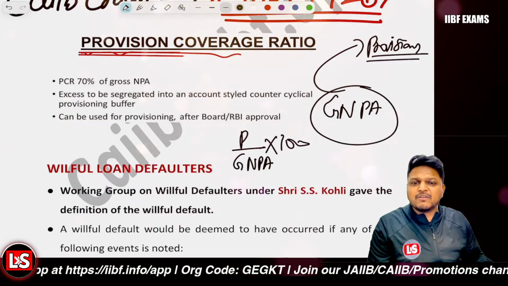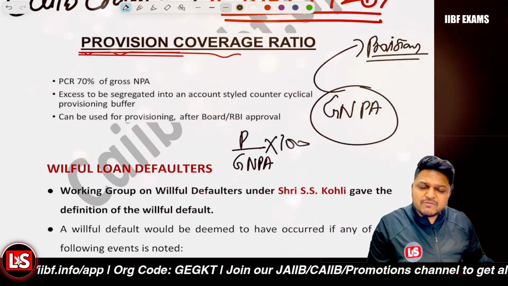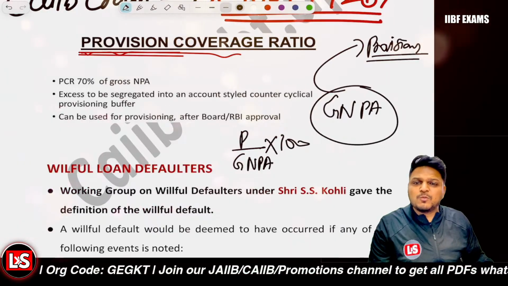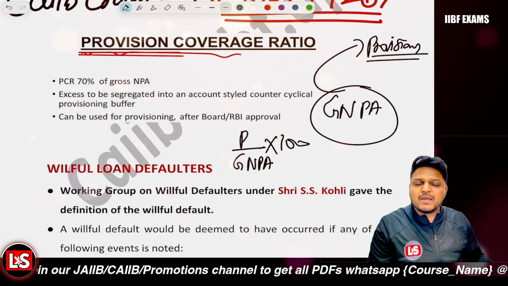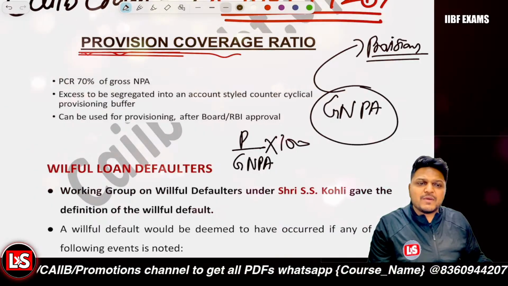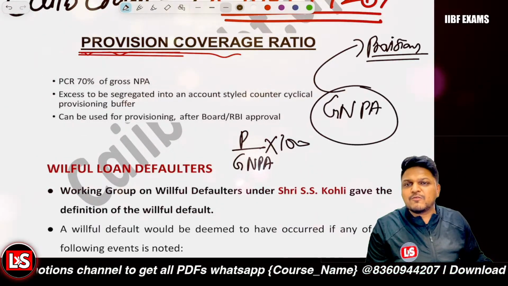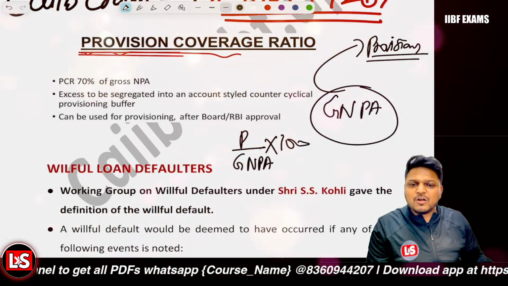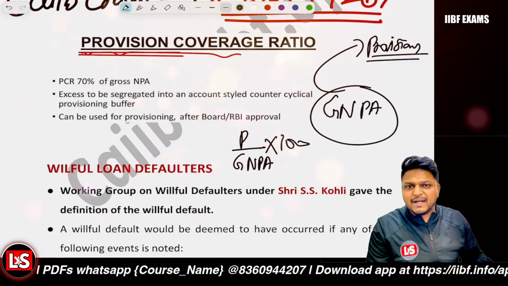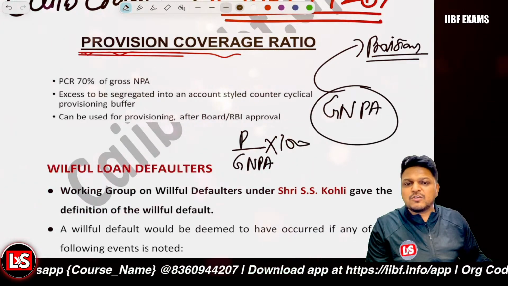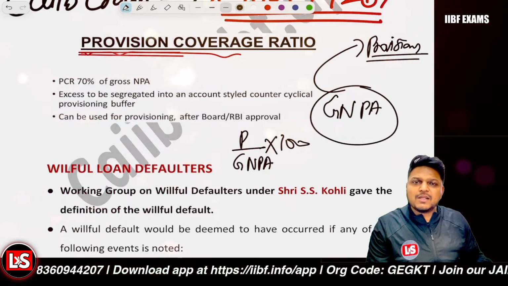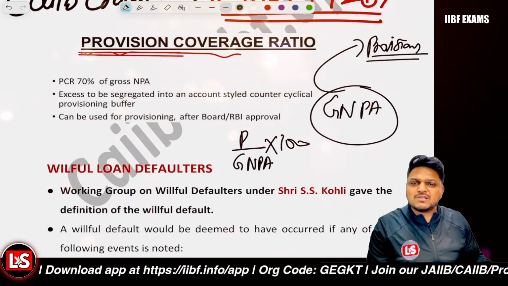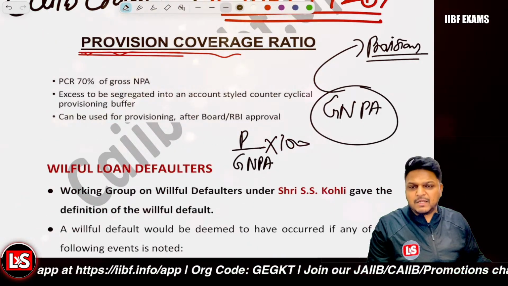We will be covering the specific as well as the floating provisions both. And when we talk about the gross non-performing asset, it means the total non-performing assets before deduction of the provisions. So we do not deduct the provisions from the total NPA amount. That is your gross NPA. What is net NPA? Total NPA minus the provisions, that is your net NPA, right?